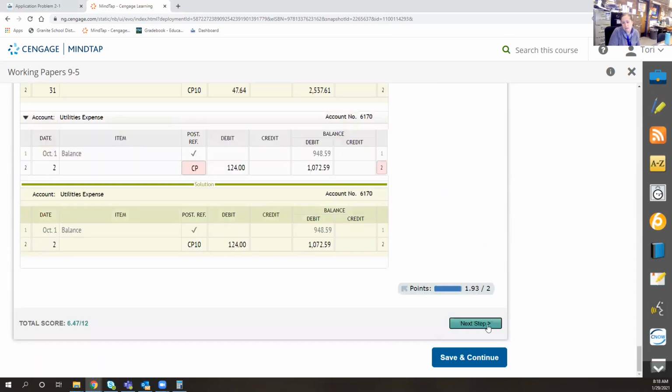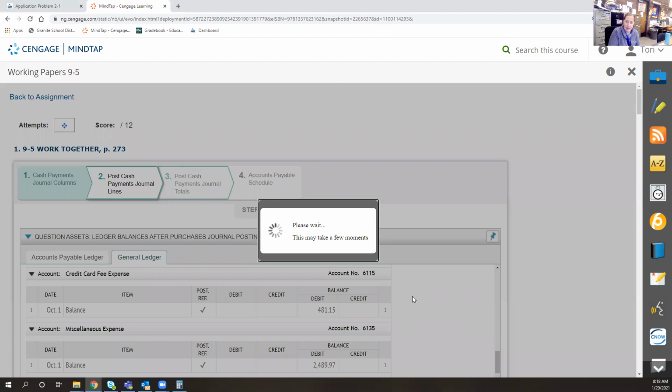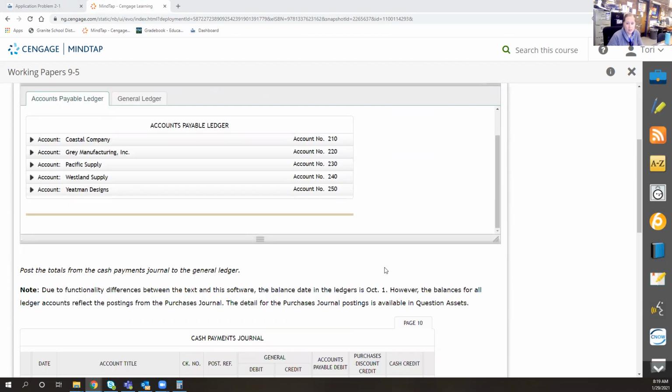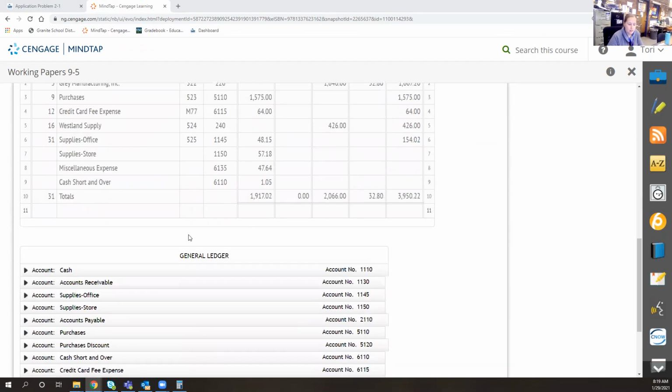Okay, we'll do the last step, or two more steps. The next thing we're going to do is we're going to post our payment journal totals. So down at the bottom of each one of these, we're going to say how much we're going to have.